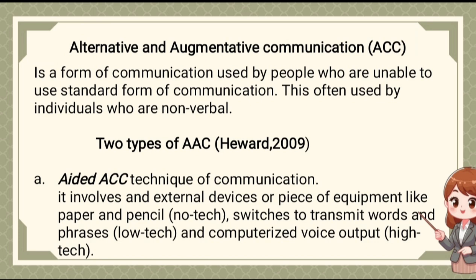For example, the devices that can help them are pencils and papers, which is identified as no tech or no technology, switches to transmit words and phrases, and computerized voice output technology.